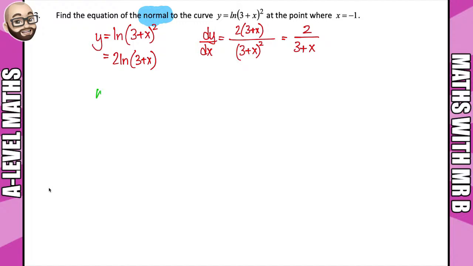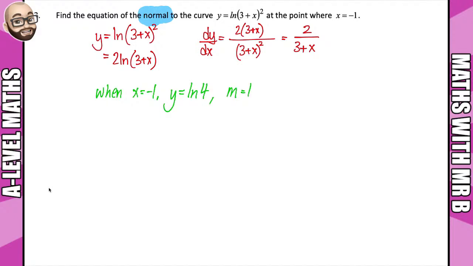So when x is minus 1, if we plug that in and work out the y value, we're going to get y equals ln of, so if we put in minus 1, we're going to get 3 plus minus 1, which is 2. 2 squared is 4. And we're going to get this m value of, so if we plug in minus 1 into here, we're going to get 2 over 2, which is 1.